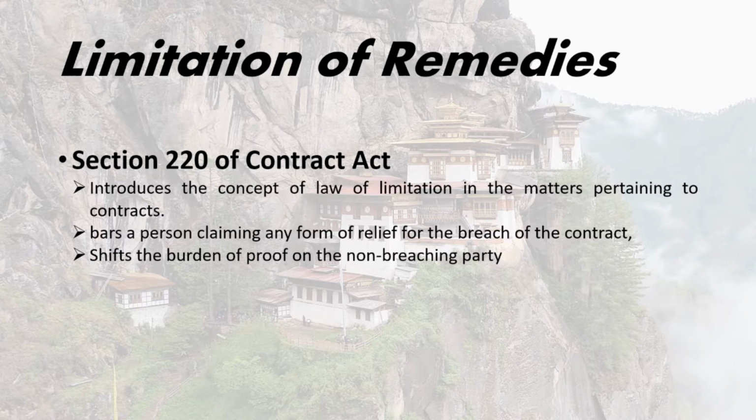This is interesting because, as I told you, if due to the COVID scenario a party is not able to come to the court and file for breaches, then they are barred from filing. But there is a concept that we studied about.